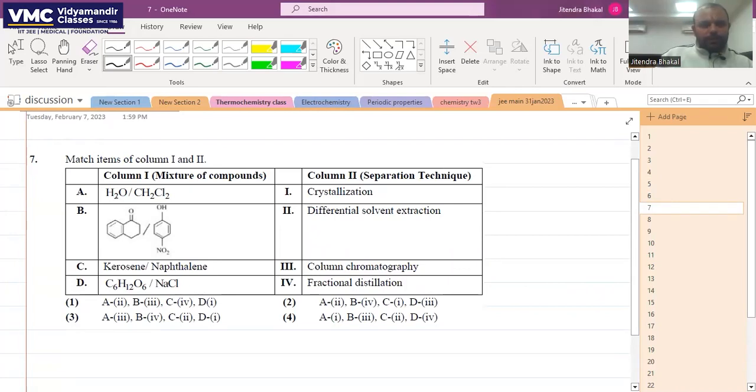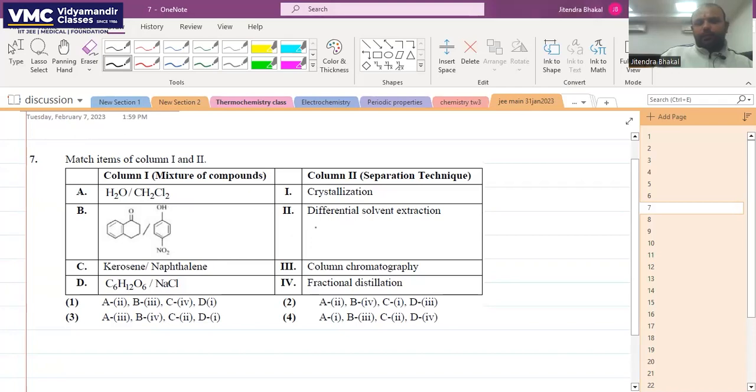Then next, we match the A option. In A option, H2O water and CH2Cl2 are there. H2O is a polar solvent, and CH2Cl2 is an organic compound. So we can use differential solvent extraction for this.